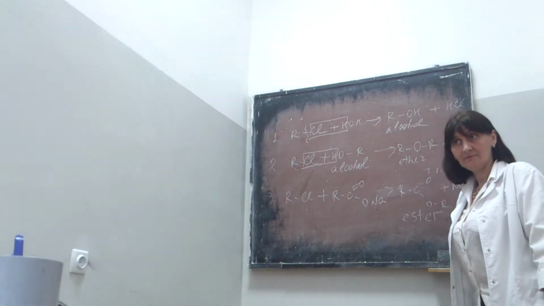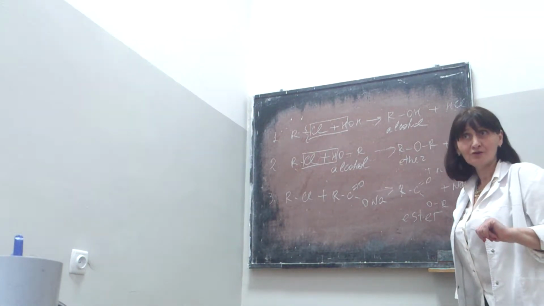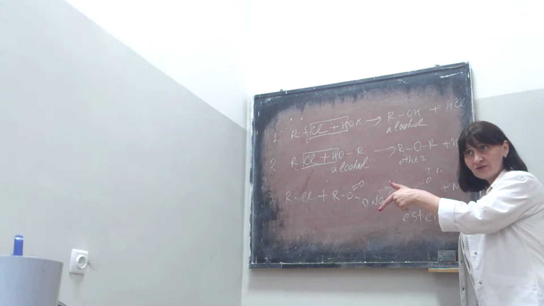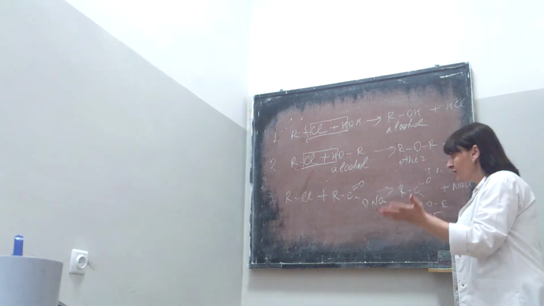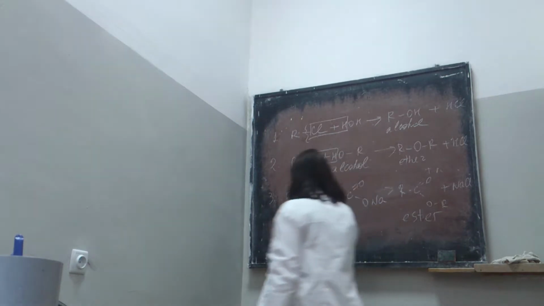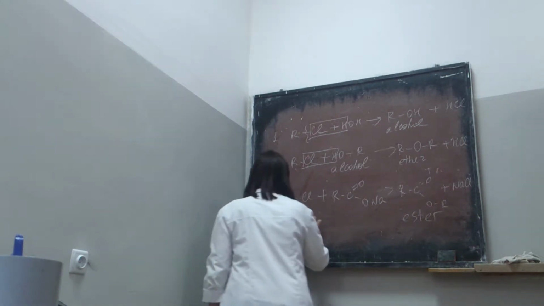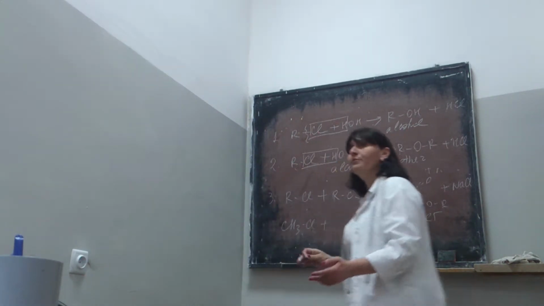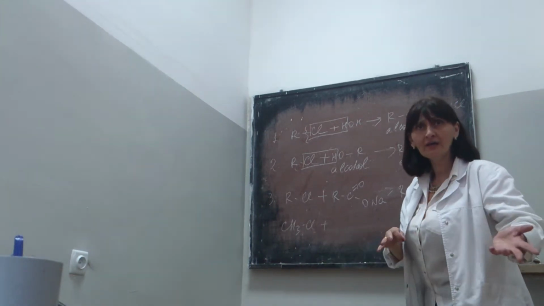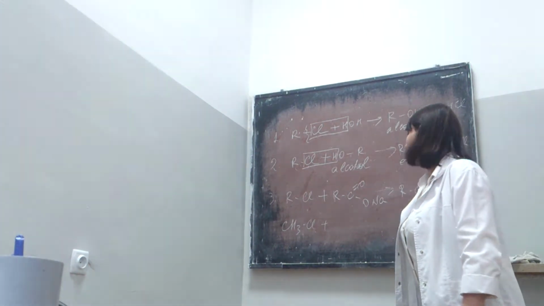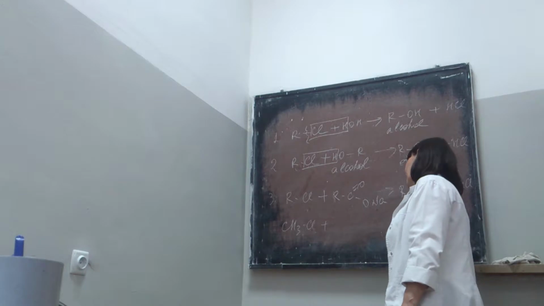If you know the ester's name, you can answer this question. For example, if I have chloromethane, CH3Cl, what will be the product of chloromethane with sodium acetate?